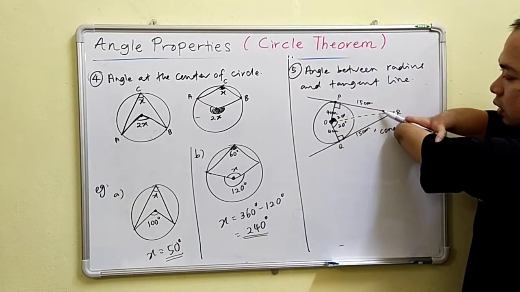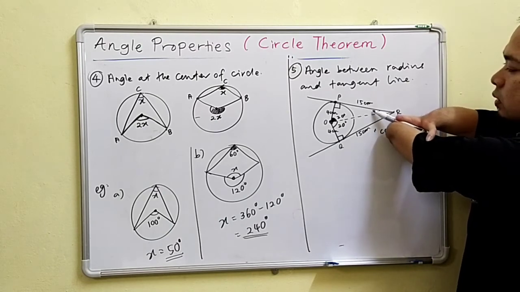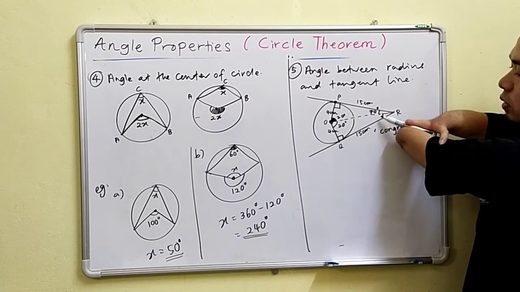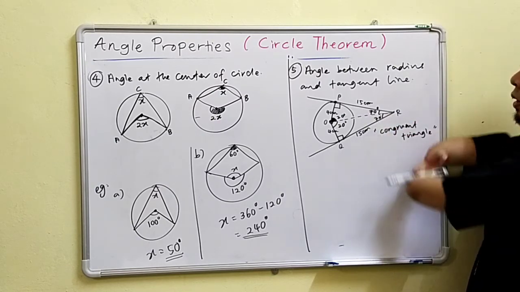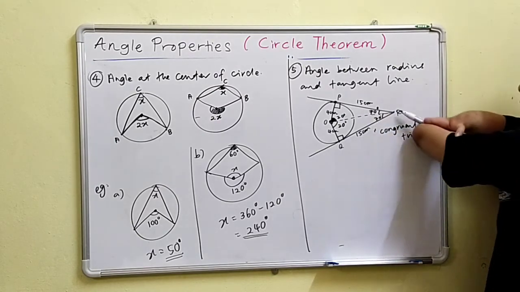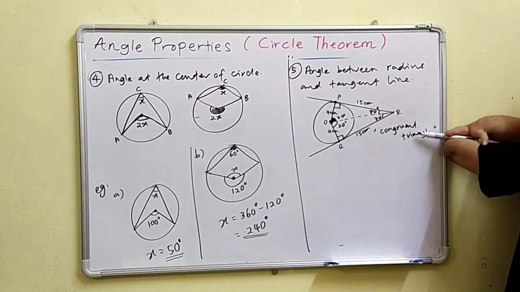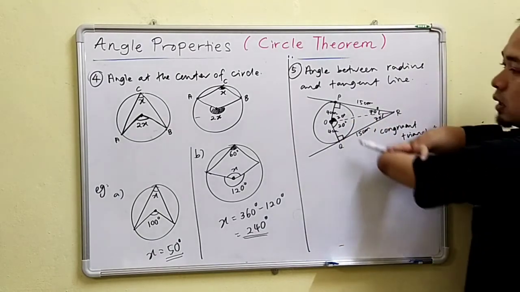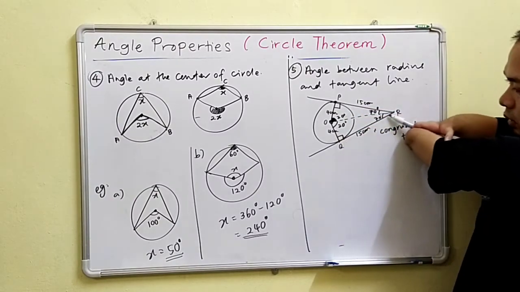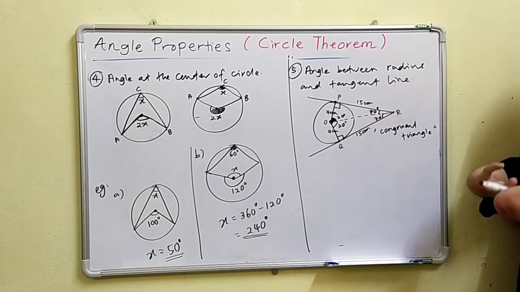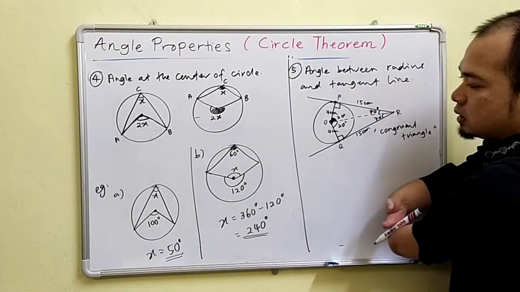Then if the angle over here is 70 degree, automatically the angle over here also will be 70 degree. So if you compare the two triangles, they are exactly congruent. What does it mean by congruent? The length of the sides is equal, even the angles inside are also equal. Exactly, everything is the same.